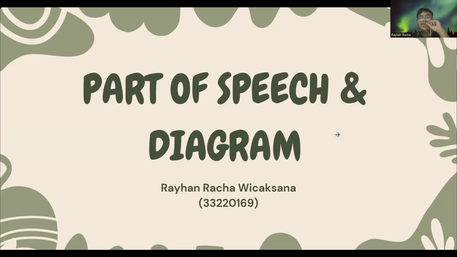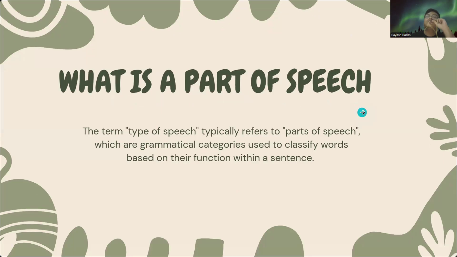Part of speech and a diagram. We are going to start with the first discussion, which is part of speech. So, what is a part of speech? The term part of speech refers to grammatical categories used to classify words based on their function within a sentence.